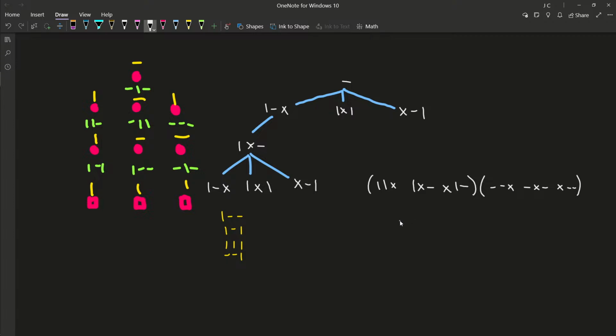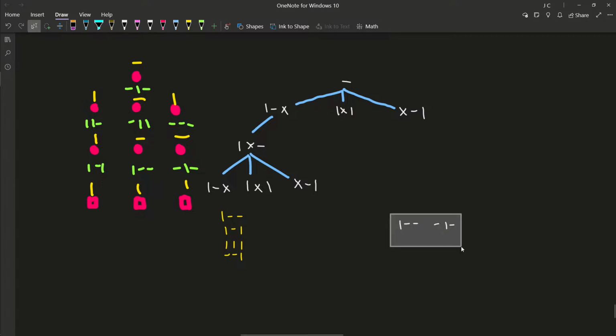So that would give you 1 dash dash. And this one can only match here, and then that would give you dash 1 dash. Okay, so those are 2 branches, and we will dutifully copy them over.